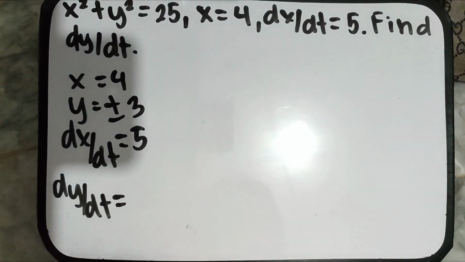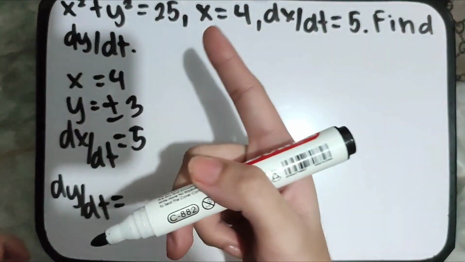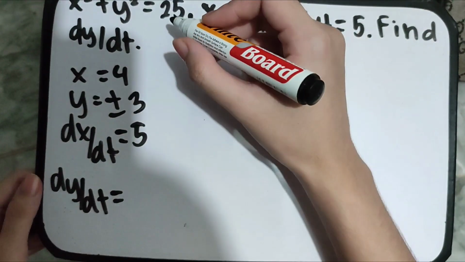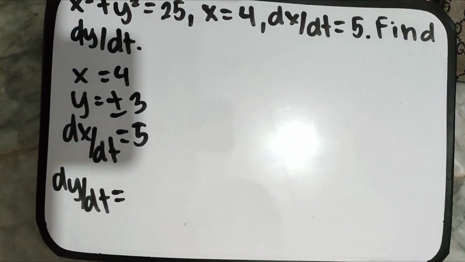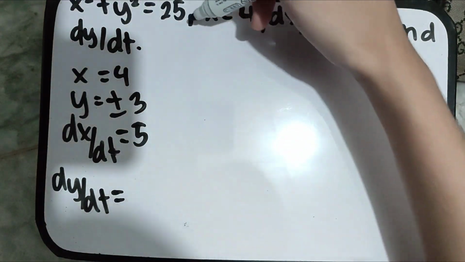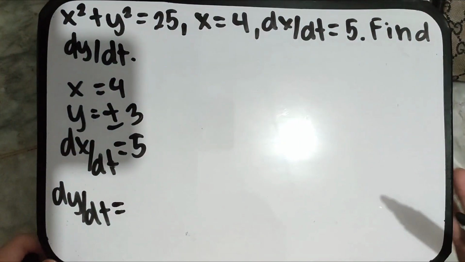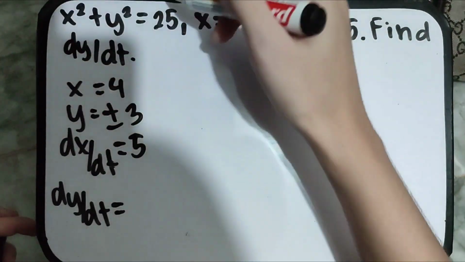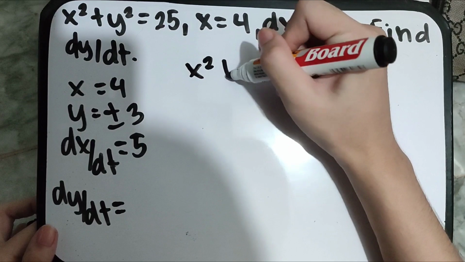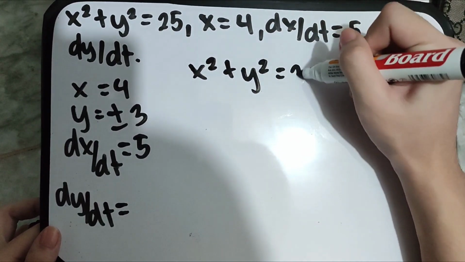Let's first find the dy over dt of the positive value of y, which is positive 3. So to find dy over dt, we need to find the derivatives of this. We need to differentiate x squared plus y squared is equal to 25.